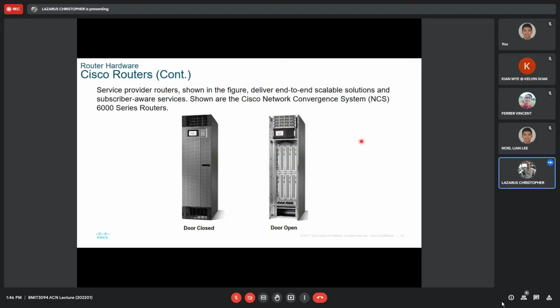You can see, because there are a lot of subscribers to your ISP, the service provider, the solution provided by these routers needs to be catered to the subscribers and the service provider's needs. From Cisco, the offering is called the Cisco Network Convergence System, NCS 6000 series routers. Very expensive, these routers, but very capable, right?